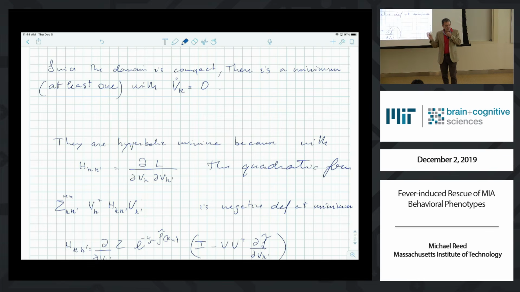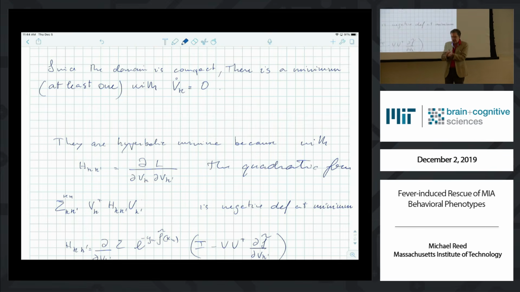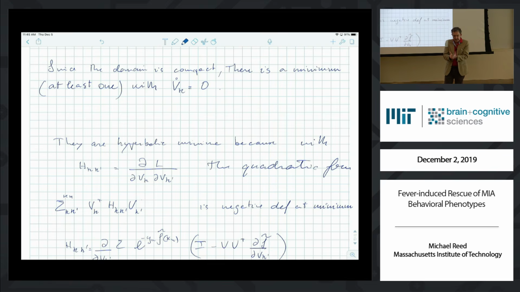I'll say something more in a moment, but the landscape looks like this: for a fixed rho, you have many valleys, each one roughly corresponding to a different support vector, or a different group of inputs. These are valleys that become shallower and shallower as rho becomes larger. But each one is a stable, so-called hyperbolic minimum.